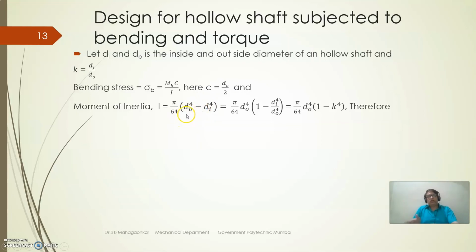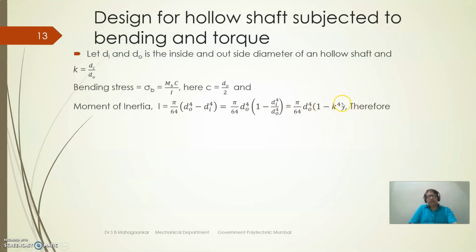So from the solid shaft we have to remove the hollow, that is, the moment of inertia for the solid shaft minus the moment of inertia for the hollow. That is pi d0 raised to 4 by 64 minus pi di raised to 4 by 64. Taking pi d0 raised to 4 by 64 common, it will be 1 minus k raised to 4.